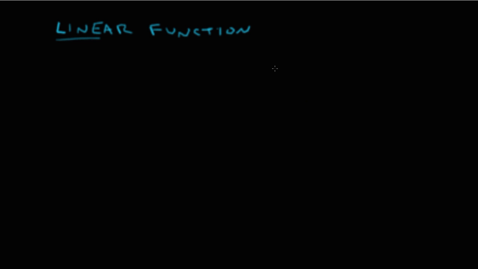Basically, most of the time you'll see a linear function in the form of y equals mx plus b. And this is called the slope intercept form of a linear function.